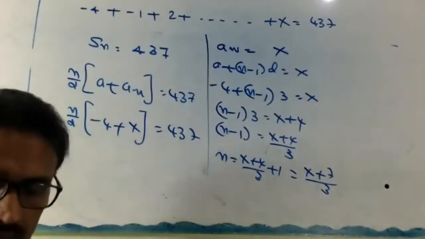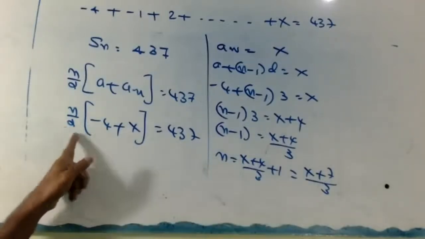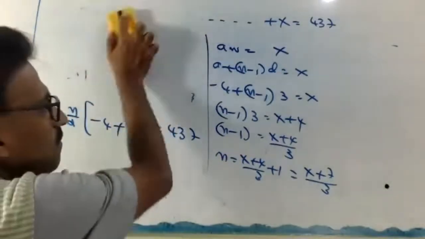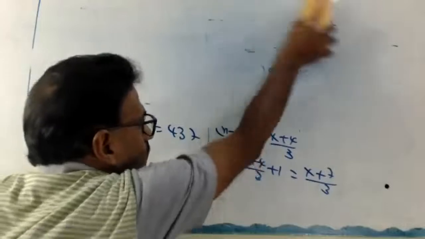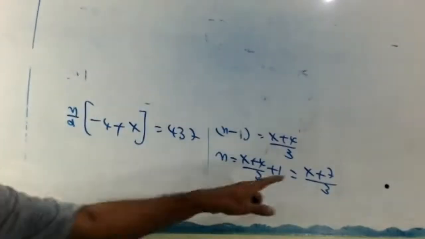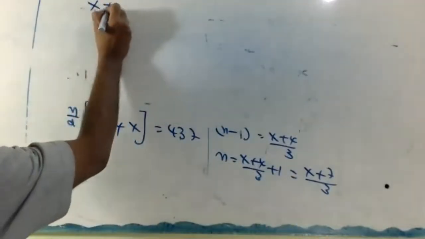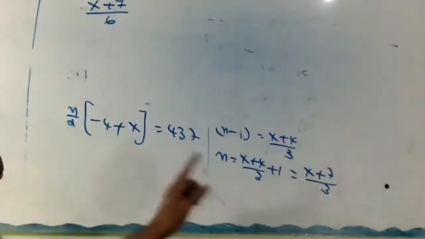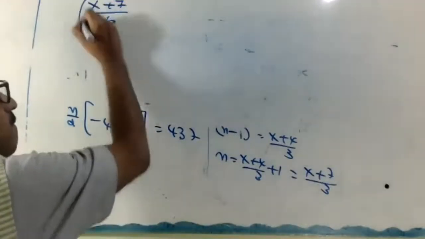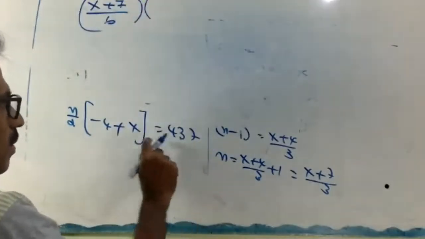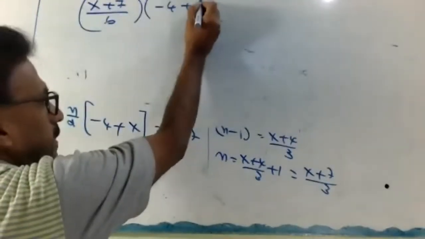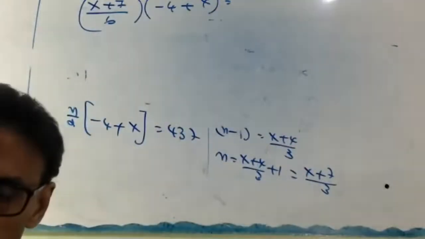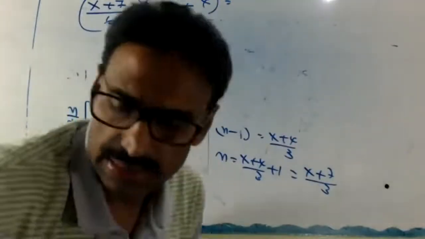Okay, look at here now. Listen, you're going to cut and paste here. Instead of n, (x plus 7) divided by 6. Why 6? (x plus 7) by 3 by 2, 6 into (minus 4 plus x) equal to, what is the number? 437, right?